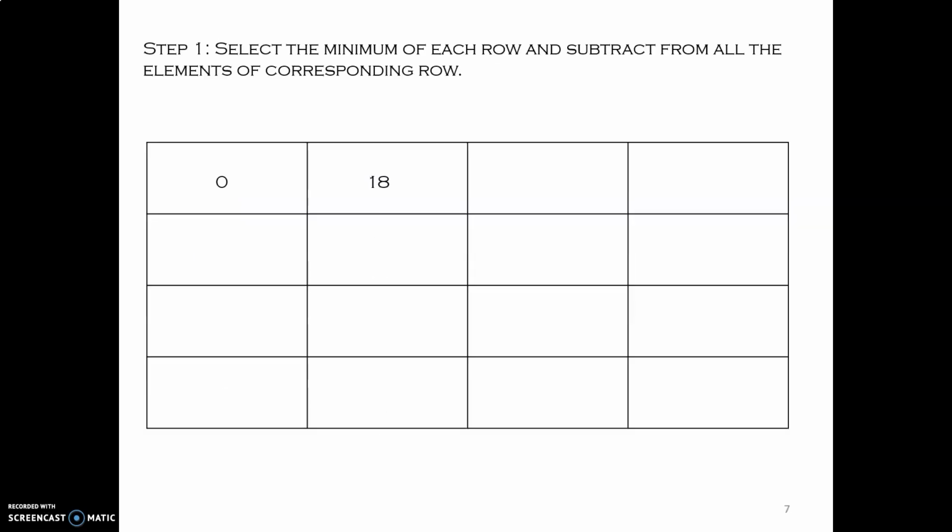That means 12 minus 12 is 0, 30 minus 12 is 18, and so on. So this will be my first row. Similarly for the second, third and fourth rows. The matrix will look like this after subtracting the minimum from each row, and I'll be getting this kind of result.